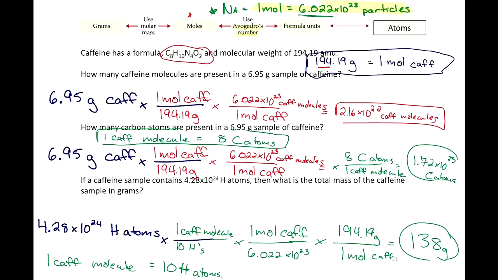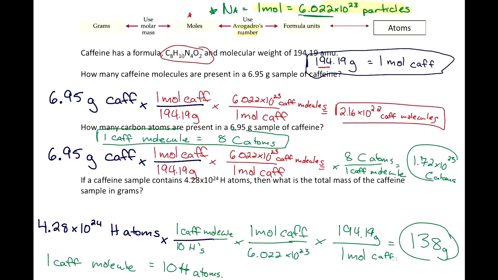Okay, I'll tell you the funny story. First time I taught 1210, I think I used a very similar question like this when I taught that class. I had them calculate from hydrogen atoms how much the sample weighed. And so they recognized, oh, okay, 10 hydrogen atoms, 1 caffeine molecule.